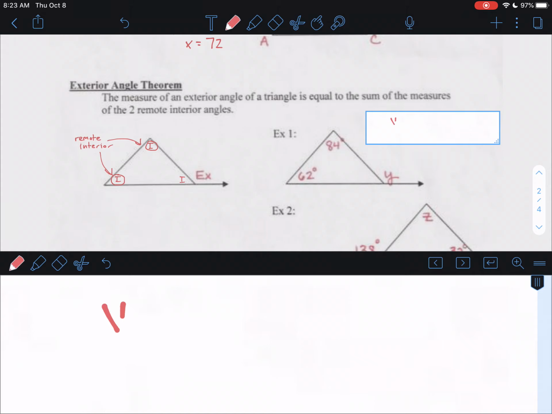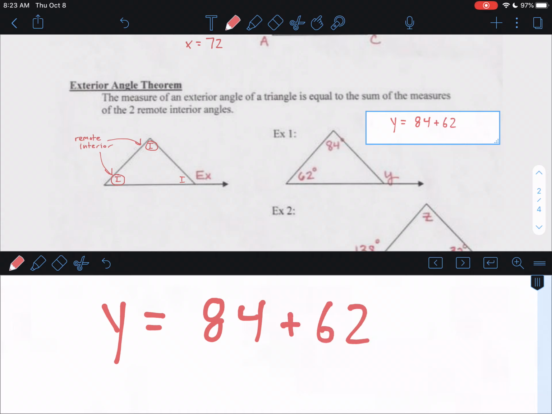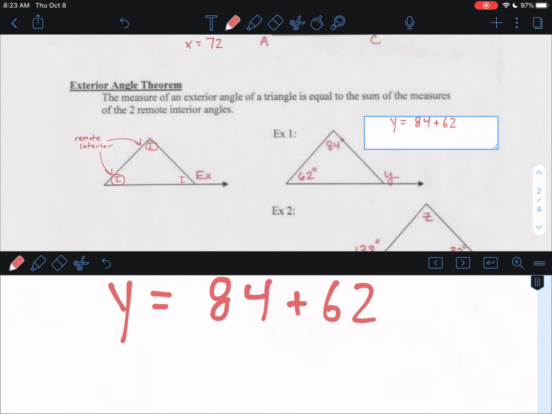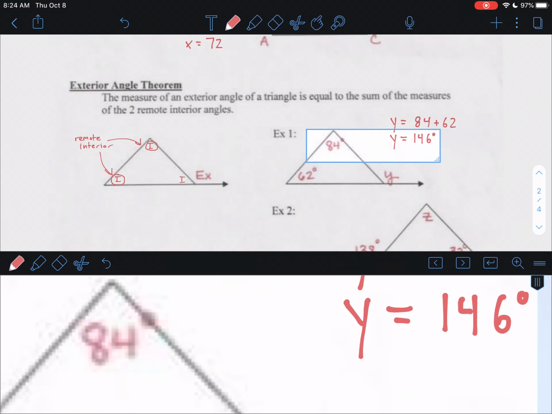So that means y has to equal that 84 plus that 62. Therefore, y has to equal 84 plus 62, which is 146 degrees. So that would be all we would have to do.